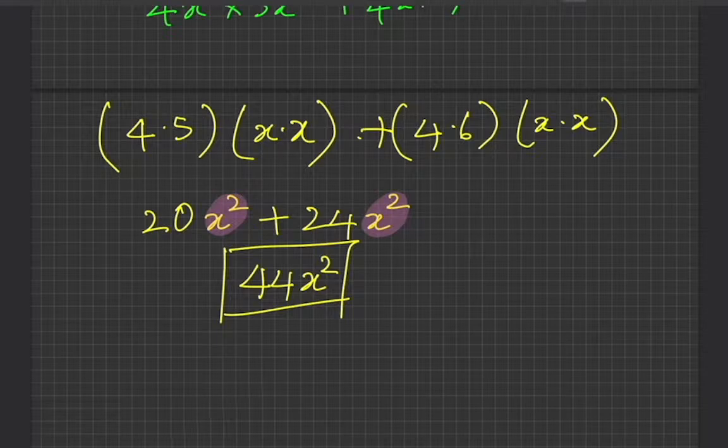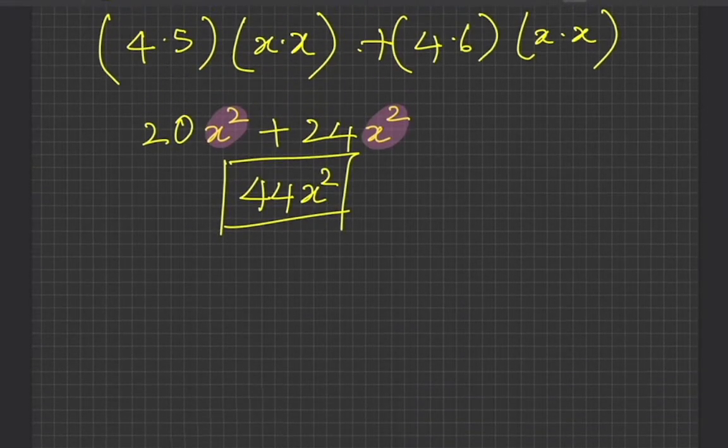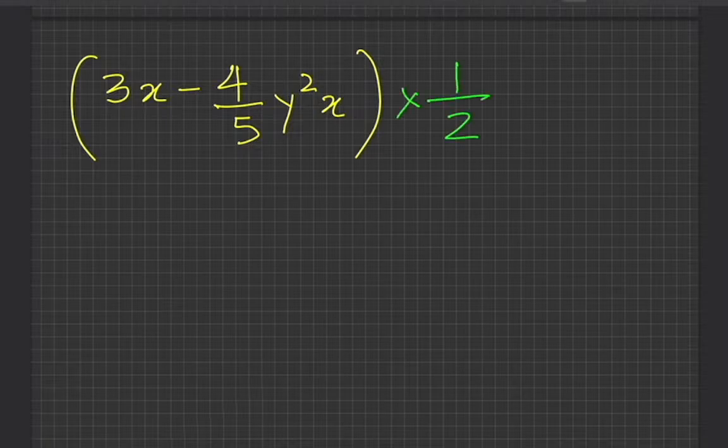Okay. Let's take one more, multiplication of a binomial by a monomial. Let's say I have 3x minus 4 by 5 y squared x, multiplied by 1 by 2 xy.